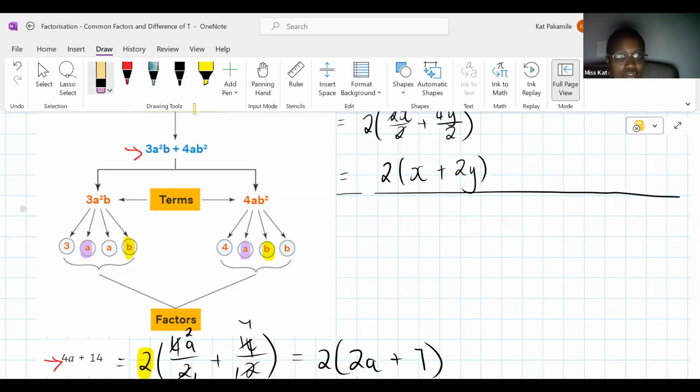This one, 3a squared b plus 4ab squared. What do we have to say about this one? Who wants to try this one with me? Remember, you're doing the same thing. I'm doing it on purpose because now there are variables. Sibabale, let's see.